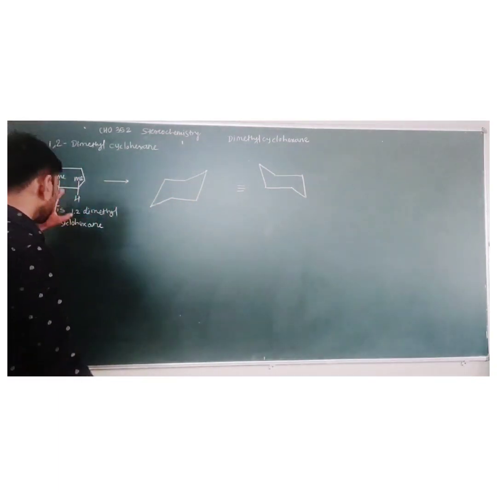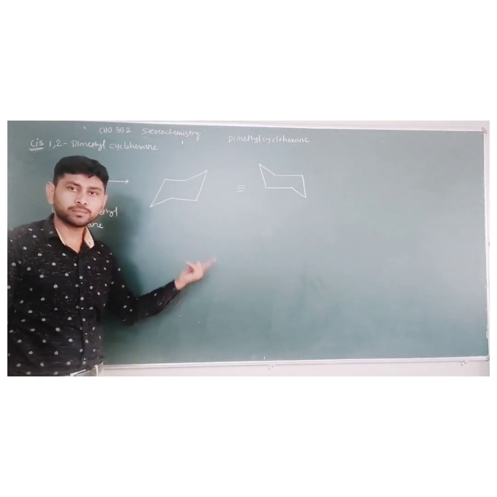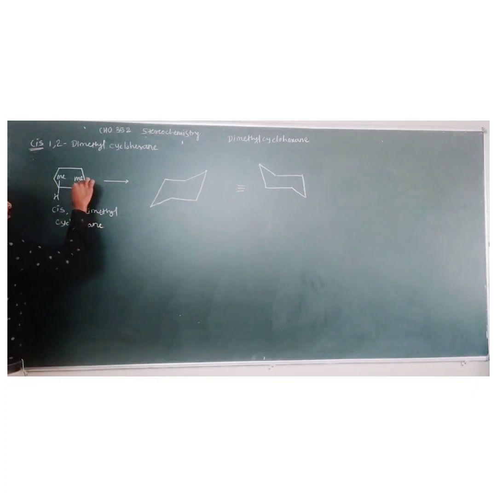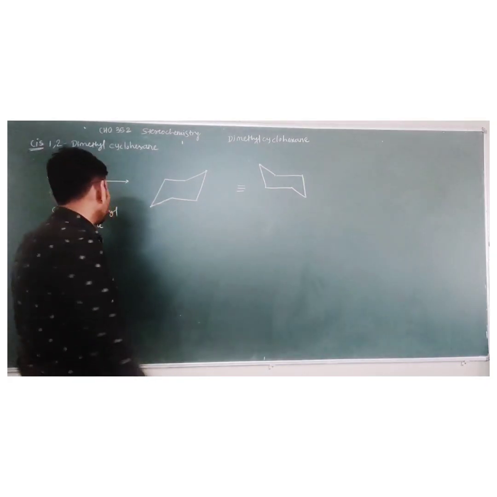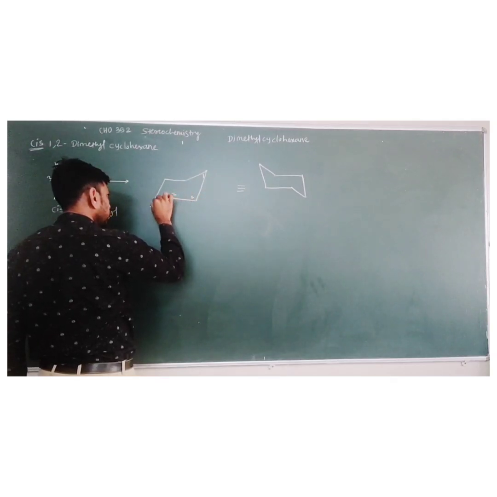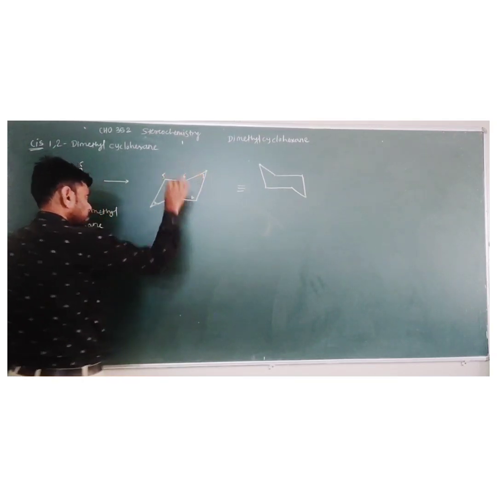To understand it properly, give the numbering to these, so that you will get an easier way to draw it: 1, 2, 3, 4, 5, 6.